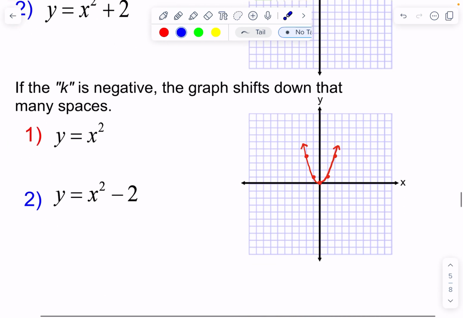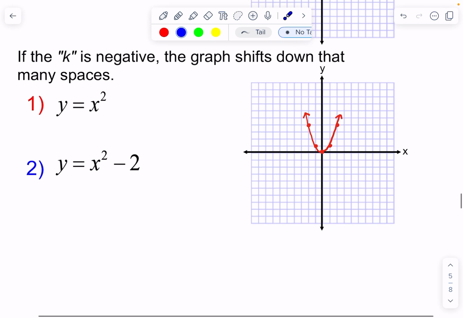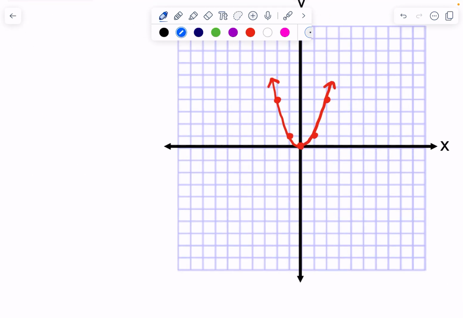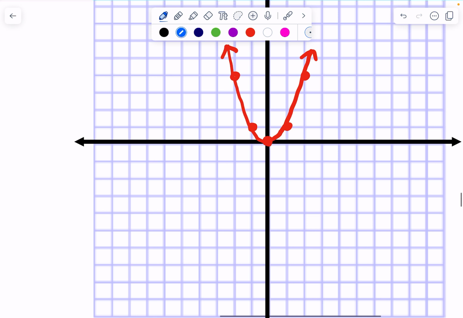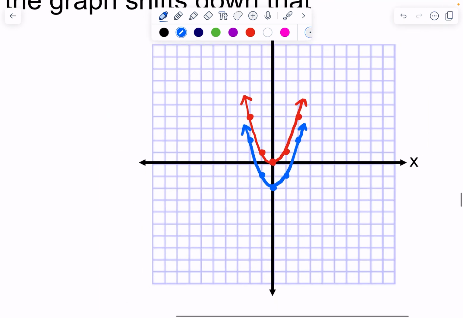If k is negative, the graph shifts down that many spaces. So in this particular case, I have x squared minus 2. So every single point will shift down 2. I'm going to go down 1, 2 for each point, and that will be the graph of my new function, shifted down 2.